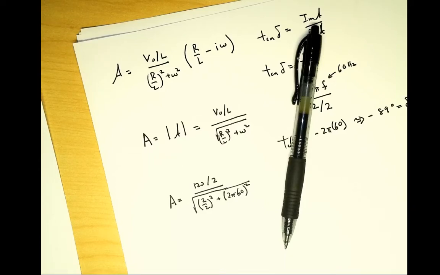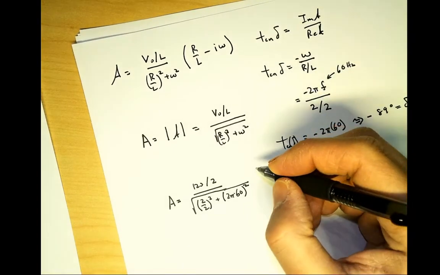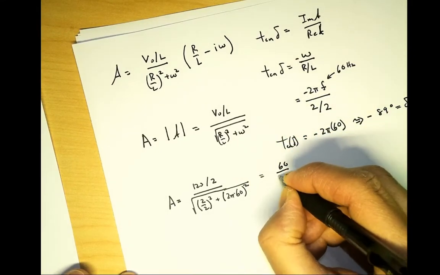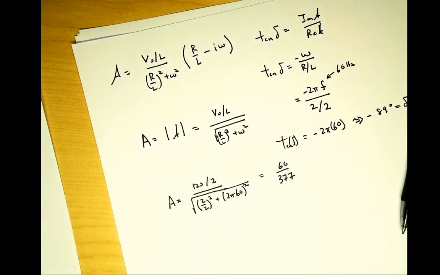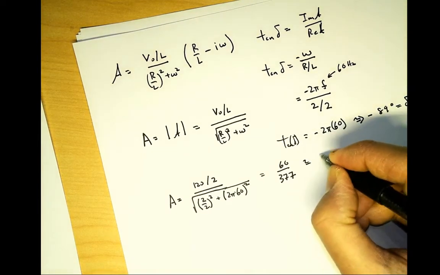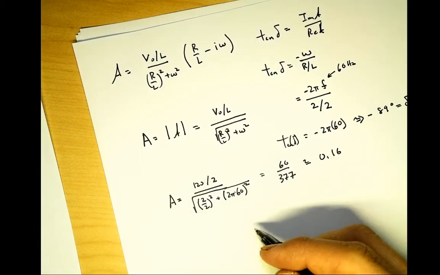So that's 377, so that's 60 over 377. That's right. And so that's roughly about 0.16.